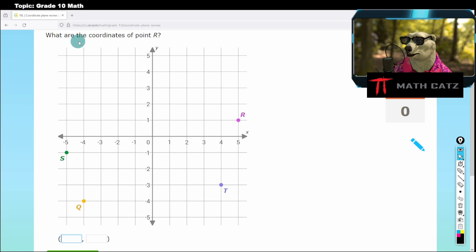So we're looking at the coordinates of point R. That's this pink guy over here. We're always going to use the horizontal number line that corresponds to it. So 5. So I'll type in a 5 there. And then, of course, there are many points here that have that coordinate 5.